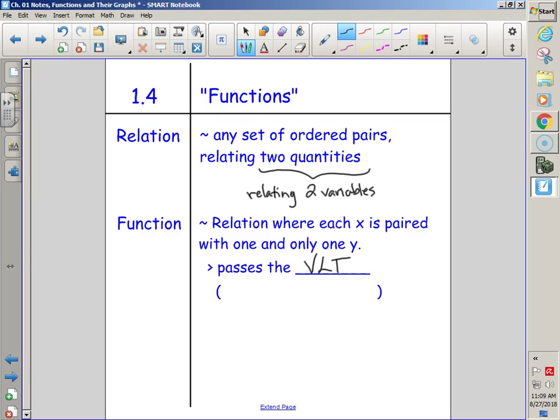What does VLT stand for? Vertical line test. Easiest example is your pen or your pencil. Vertical line test, pencil. Where each x has to be paired with one and only one y. So if you were given, for instance, a sideways parabola, this is the easiest example, right?